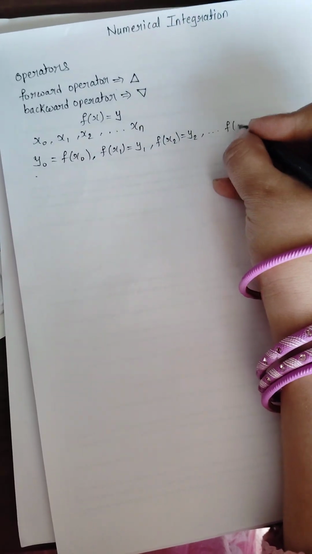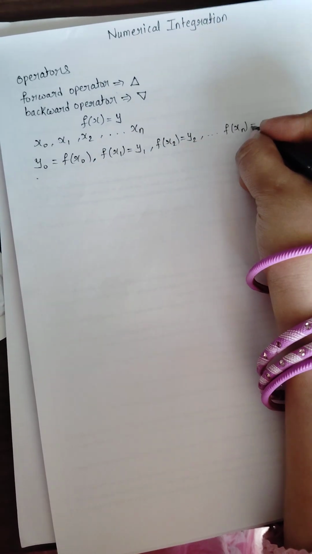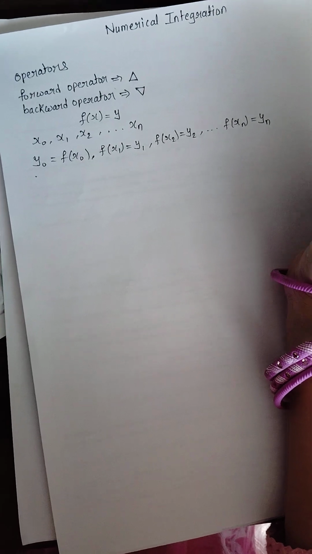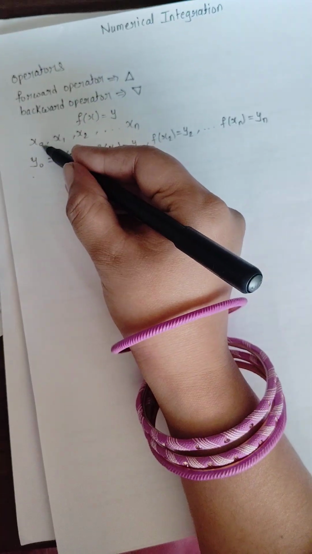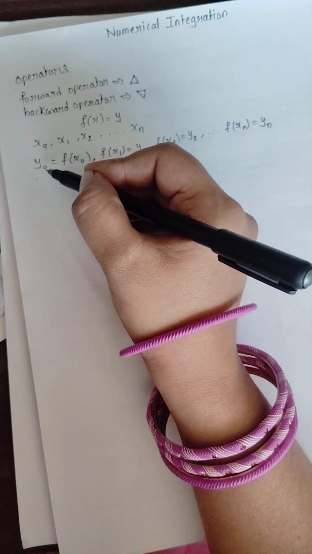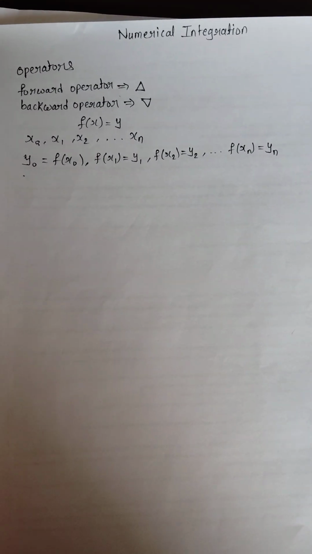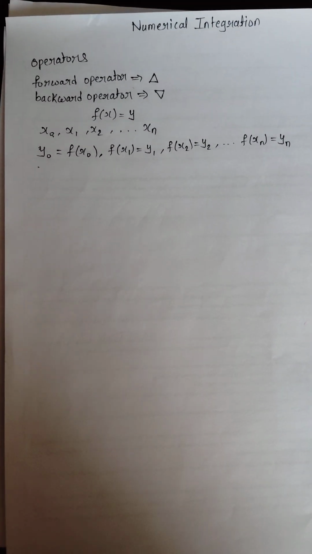F of xn we will denote as yn. So for the corresponding values of x naught, x1, x2 and so on, we will get y naught, y1, y2 and so on. This is the functional value at the given nodes.